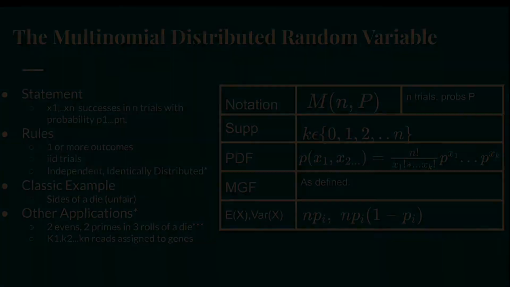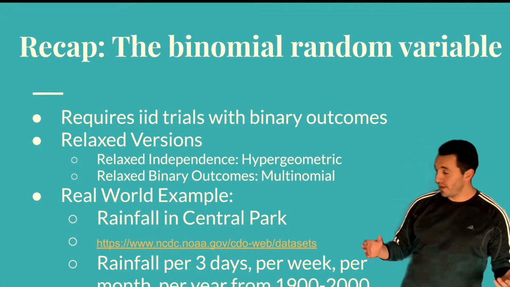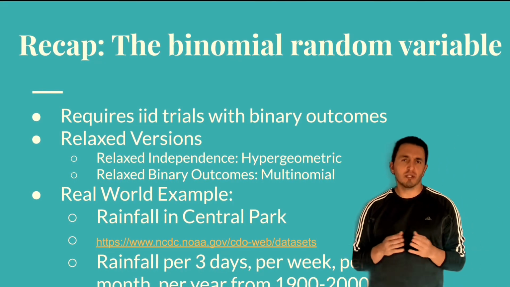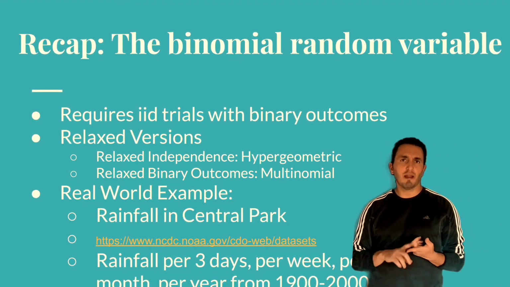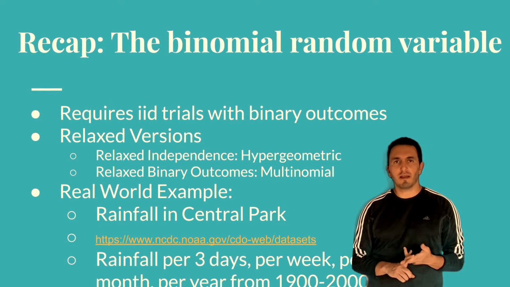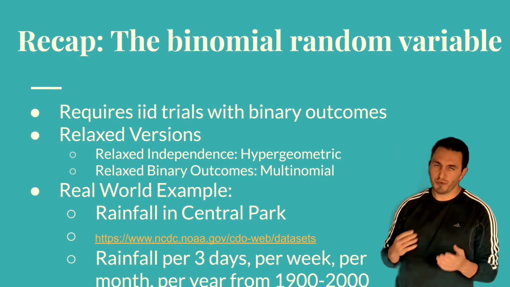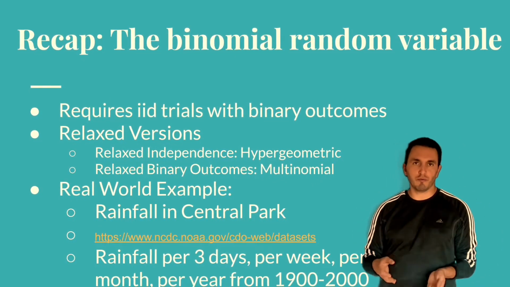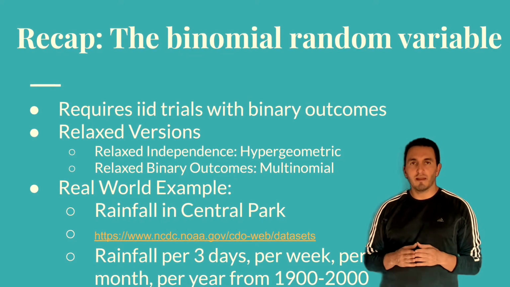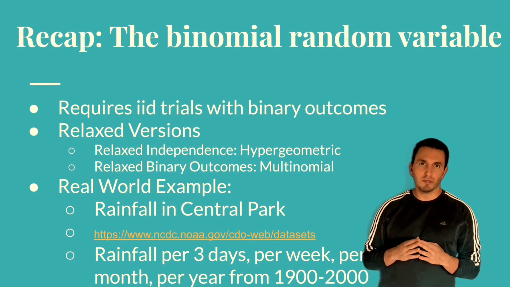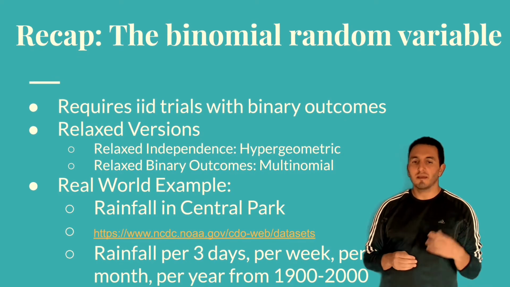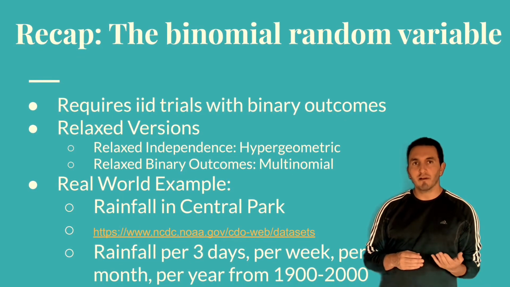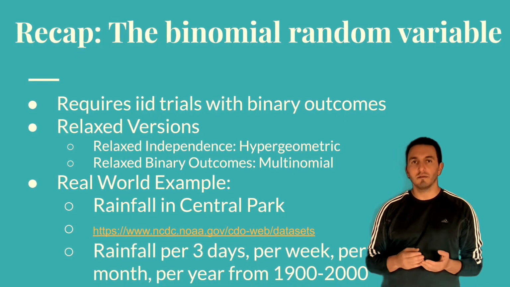To recap, the binomial random variable, right? We saw that we made two mistakes, right? We violated binary outcomes and we violated our independence assumption. When you do that, you no longer have a binomial random variable. In the case where we violated independence, we saw that it was the hypergeometric distribution. In the case that we violated the binary outcomes, we saw that we need to use a multinomial random variable.